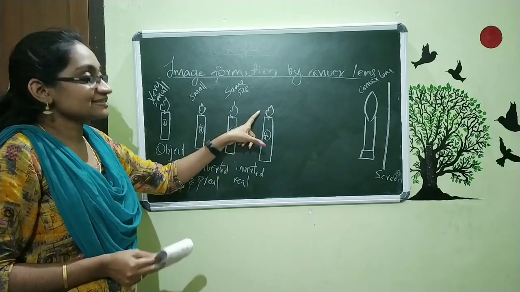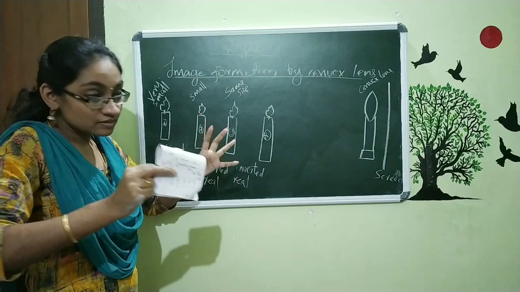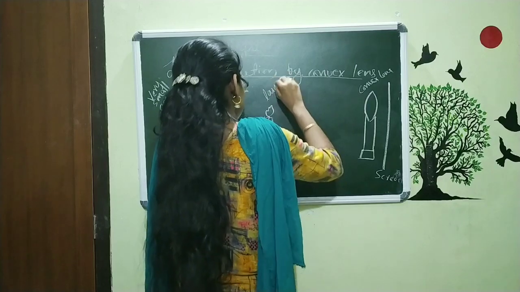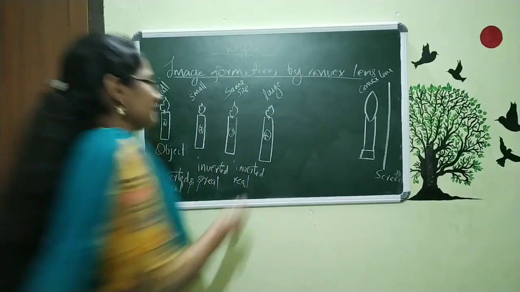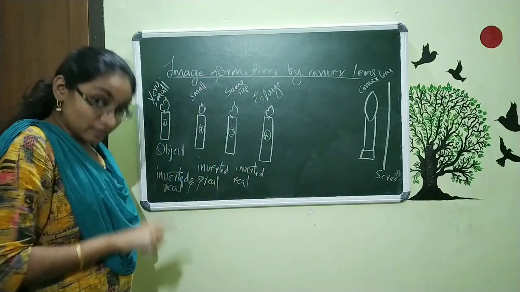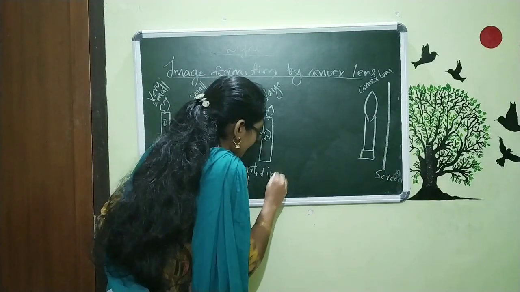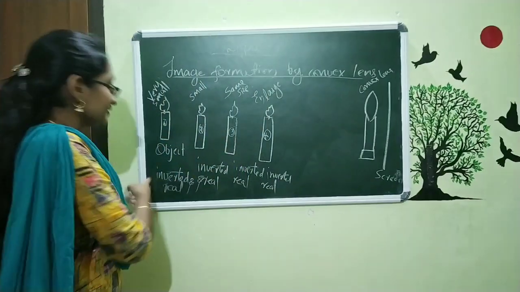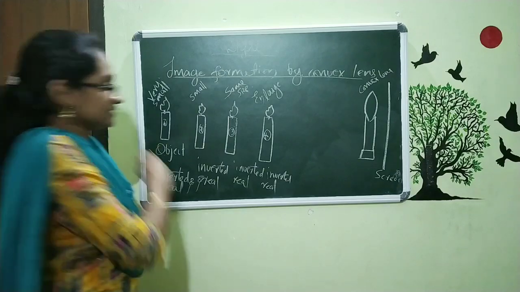And now you can see our image is a little more bigger than our object. That means large. Large image or enlarged image. And here also you can see it is inverted and real. That means all these cases are the same. The only difference is with the size of our image.